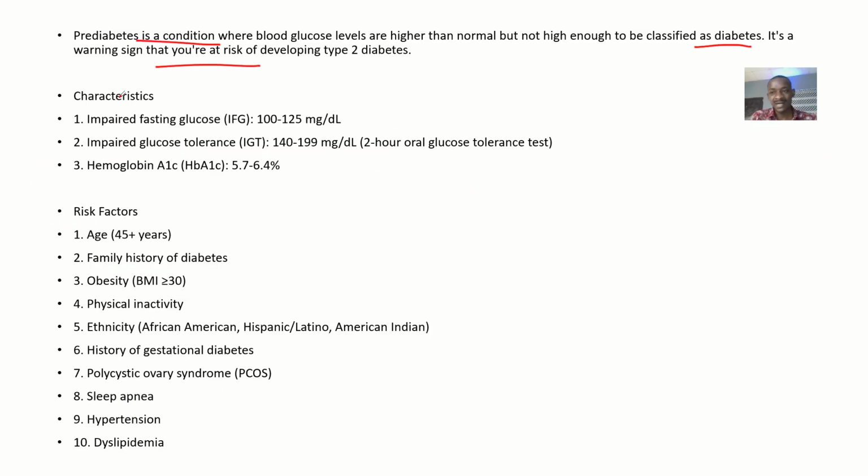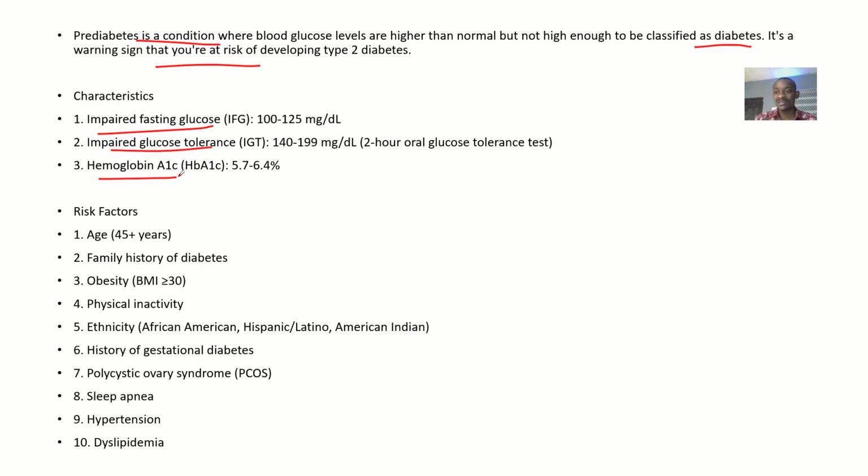So what are the characteristics? If you do an impaired fasting glucose test, you find out that the person has about 100 to 125 milligrams per dl. If you do an impaired glucose tolerance test, you find out that the person has about 140 to 199 milligrams per dl.